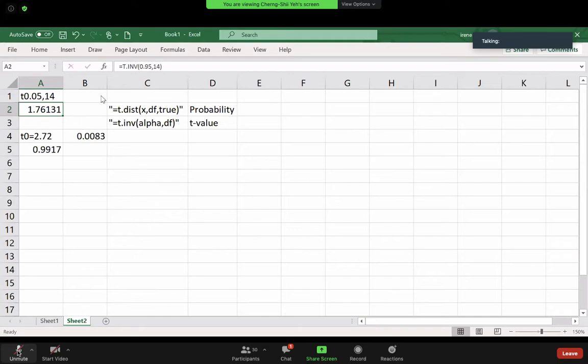Okay, I'll give you a minute to write down the function. I find it really helpful, but if you are used to using a table, feel free to use a table, or your calculator is fine. When you've written this down, I'm going to go back and write down this 1.76.